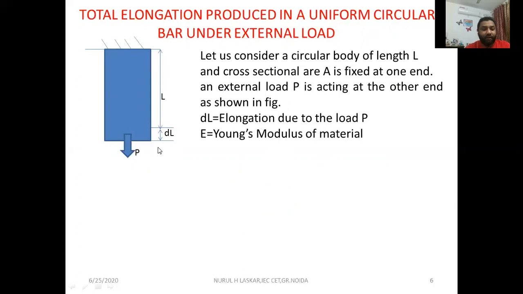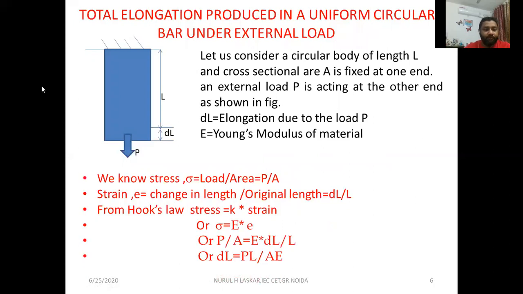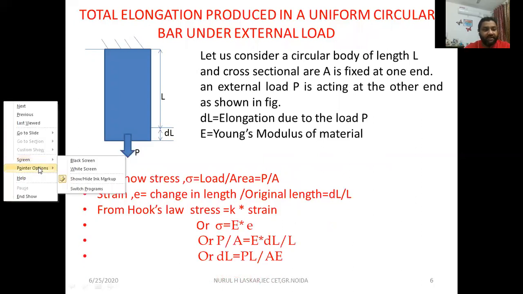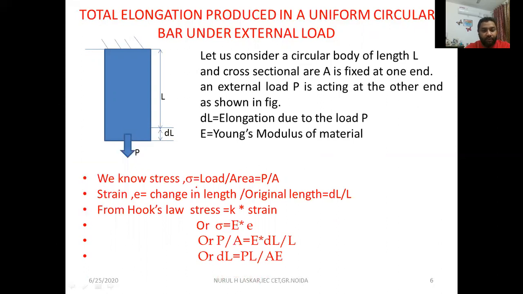Now upon the application of the load, there will be extension of the length, and the extension of the length I have taken as dL because of the load P, and let us assume E is the Young's modulus of the material. Now see, we know the stress is equal to load upon area, so it is P upon A, and strain e is equal to change in length dL divided by the original length L. From Hooke's law, we know stress is equal to some constant into strain.